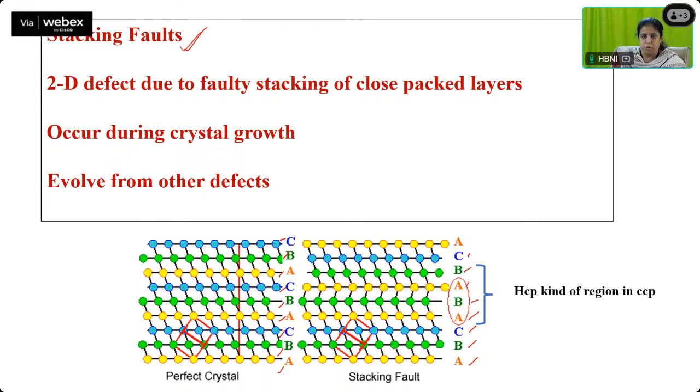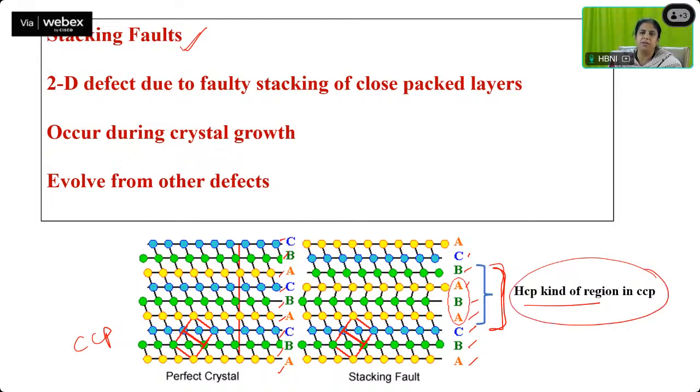So what has actually happened is, in your CCP crystal structure, you got a region of HCP kind. So the existence of an HCP kind of region in CCP occurs. This kind of defect is called the stacking fault. It happens by faulty stacking of the close packed layer.